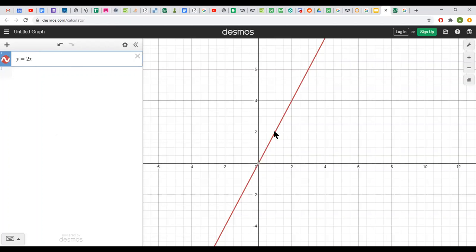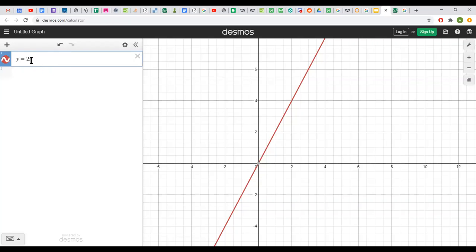And if we look at our graph over here, we can see that point plotted. So we have 1, 2. Obviously the x coordinate is the first number and the y coordinate is the second number, right? So let's use another input. Let's say x equals 2. Then we have 2, 4, right?